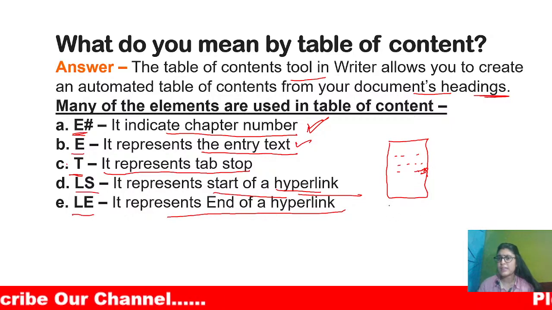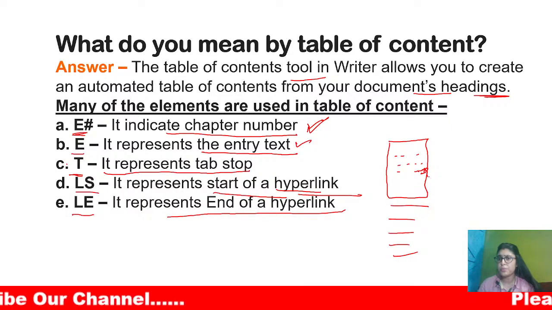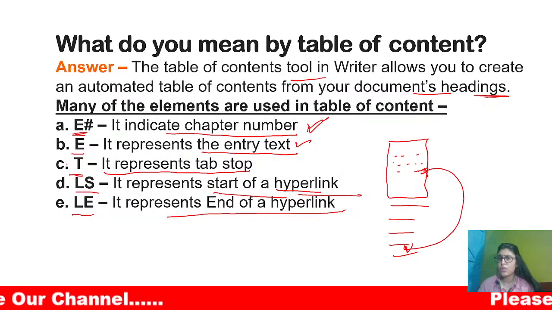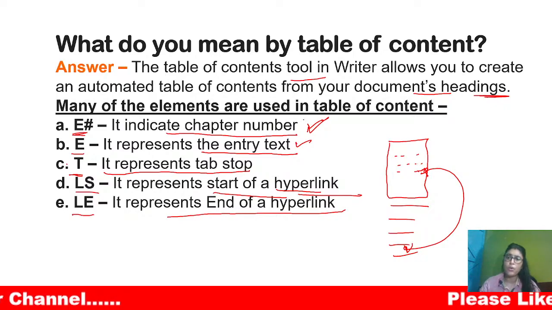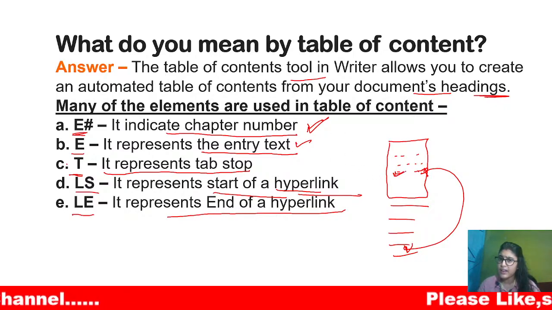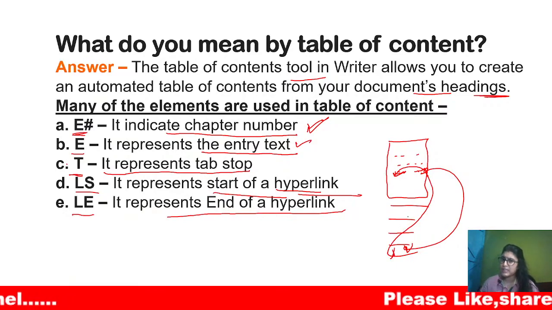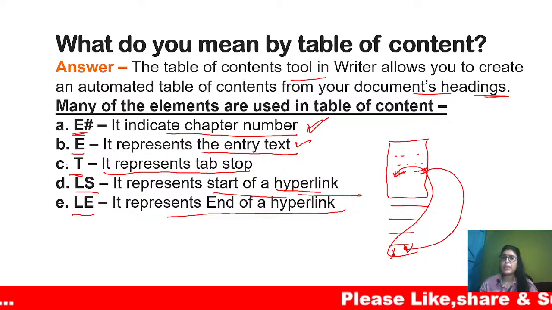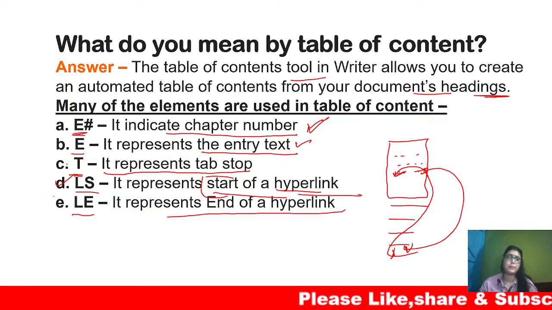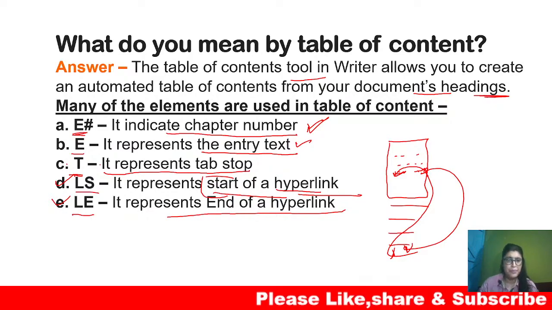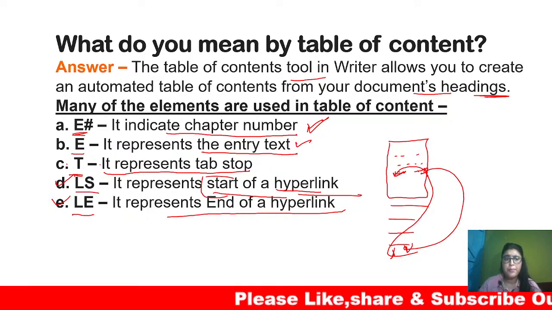Directly it will go to page number 10. You don't need to scroll up to go to page number 10. You just click here and it will take you to page number 10. This link is called a hyperlink. So you can start a hyperlink with LS, or you can stop a hyperlink with LE. I hope you have understood the concept of hyperlink and how to make it.